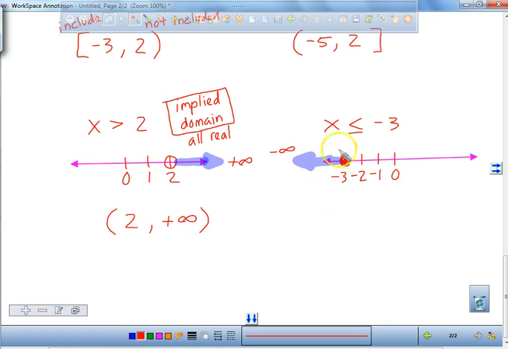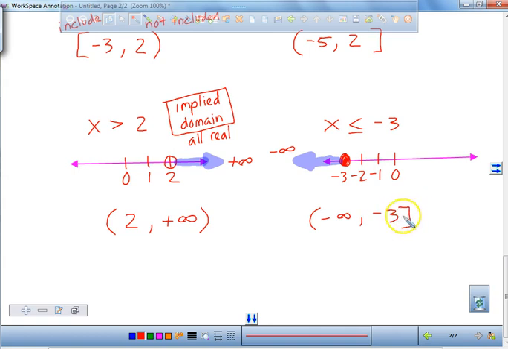However, right here, it says x is less than or equal to -3. But it's going towards negative infinity. Well, look. You can never reach negative infinity, but you can get all the way to -3, and that's where it stops.